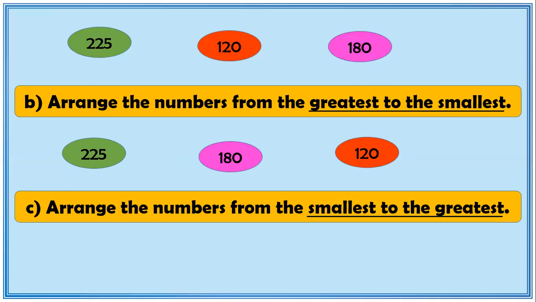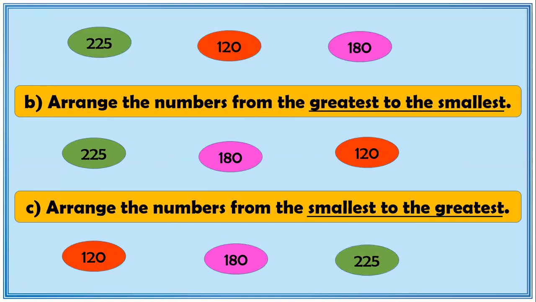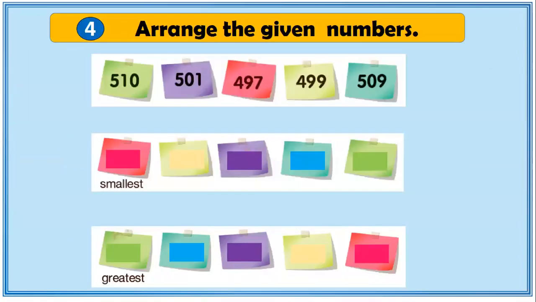So the smallest will be 120 followed by 180, and the greatest will be the last one, which is 225. Is it understood?